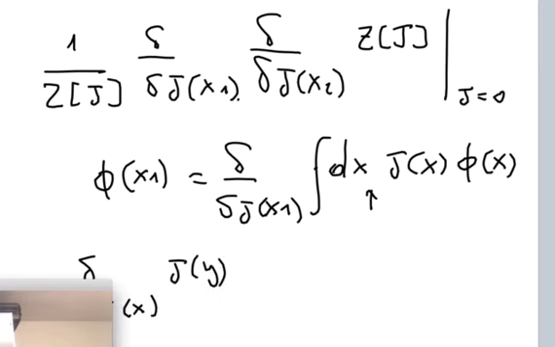Because that's what this integral is all about, right? Because the derivative, you can move this derivative inside. And remember, this is a functional derivative, not a normal derivative, so you can move it inside the integral because it's a derivative over functions.